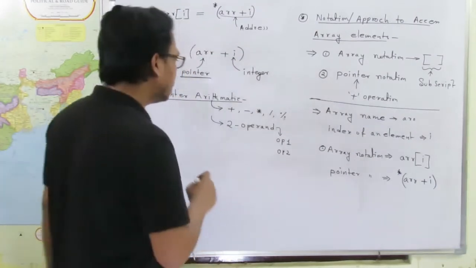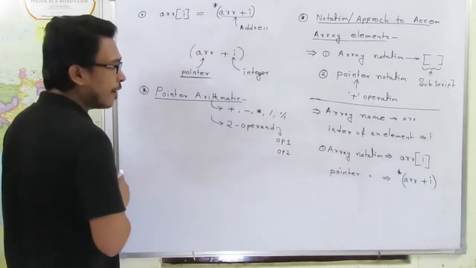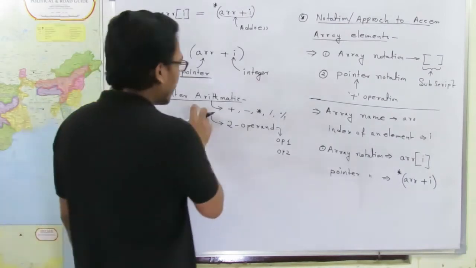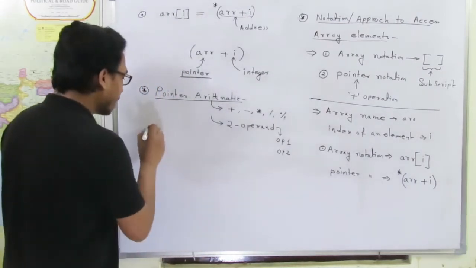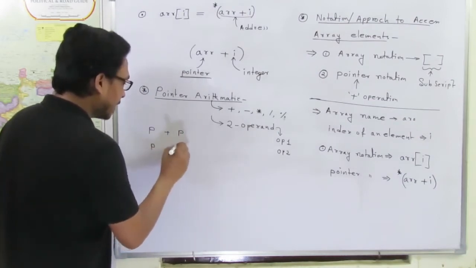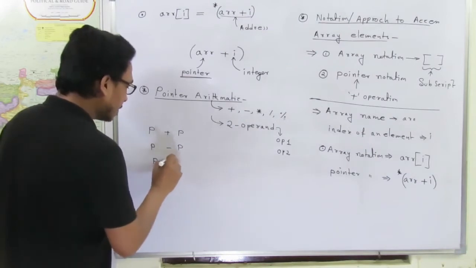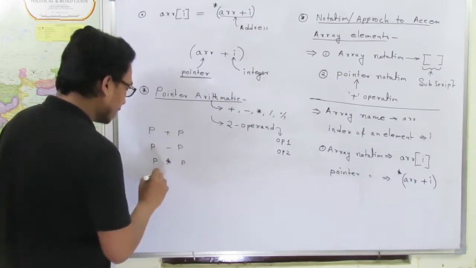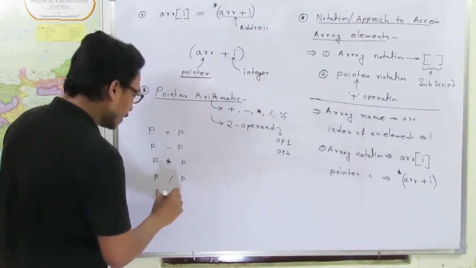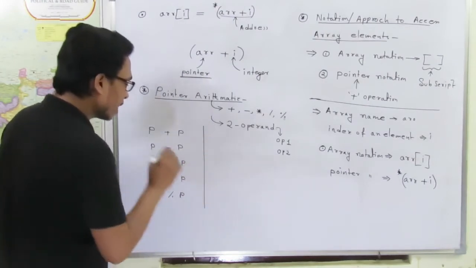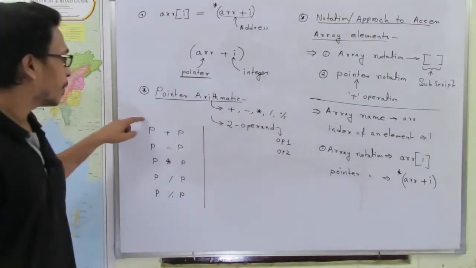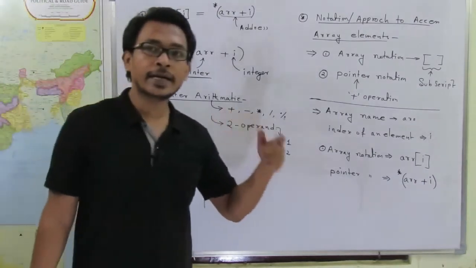Clear? That means how many combinations do we have for pointer arithmetic? We can have pointer plus pointer, pointer minus pointer, pointer multiplication with pointer, pointer division with pointer, pointer modulo pointer. This is one set of operations where both of these 2 operands are pointers. Now coming to the next part.